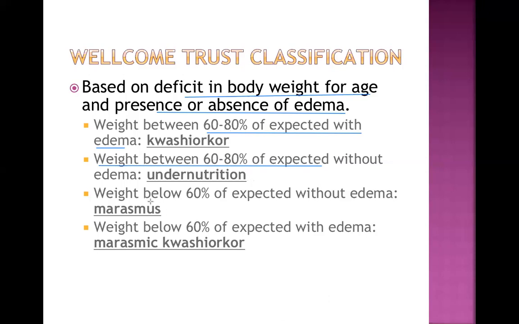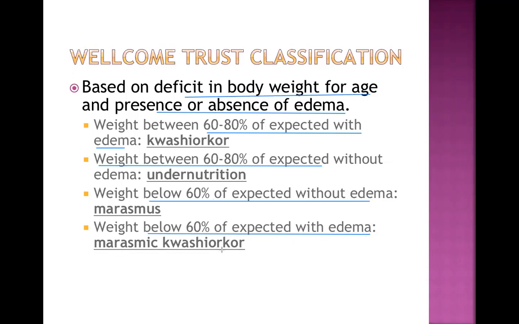If weight falls below 60% of the expected without edema, this is marasmus. See this? Less than 60% means severely wasted child. Without edema is marasmus. And weight below 60% of expected with edema is marasmic kwashiorkor.